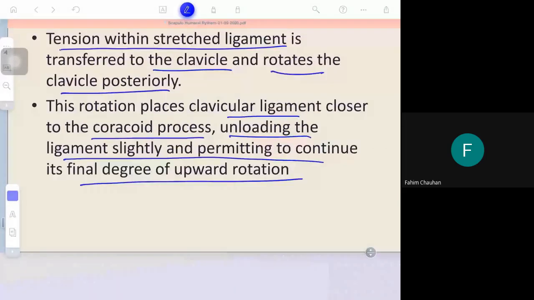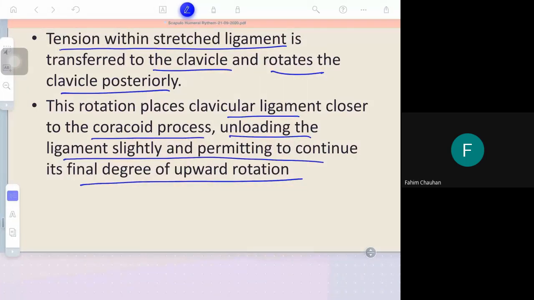It is explained in a little more detail. Basically what happens? The scapula will rotate, the ligament will become taut. Further rotation will not occur through the ligament. Clear? So further rotation will be possible only when the clavicle is rotating posteriorly. The clavicle will rotate posteriorly because the tension is transmitted from the ligament to the clavicle.